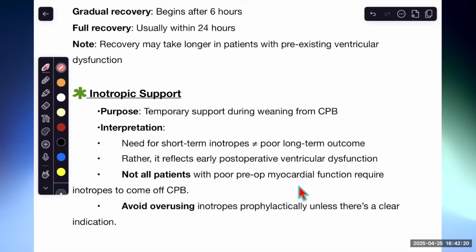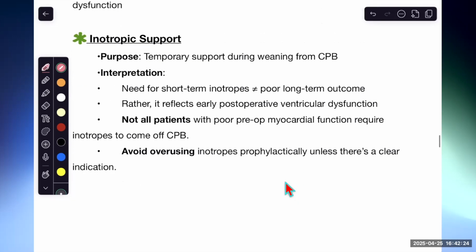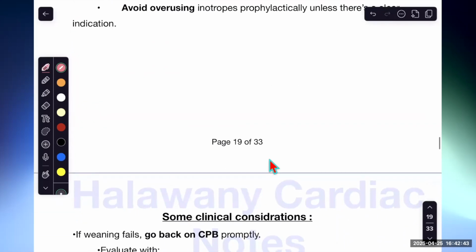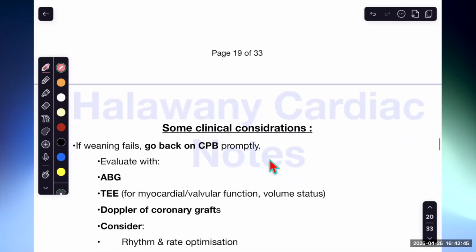Some patients will come off bypass in good shape without any vasoactive drugs, and avoid overuse prophylactically. But some surgeons say no, keep it. I'm just telling you from scientific honesty, it's better not to overuse it prophylactically. But don't say I told you that.